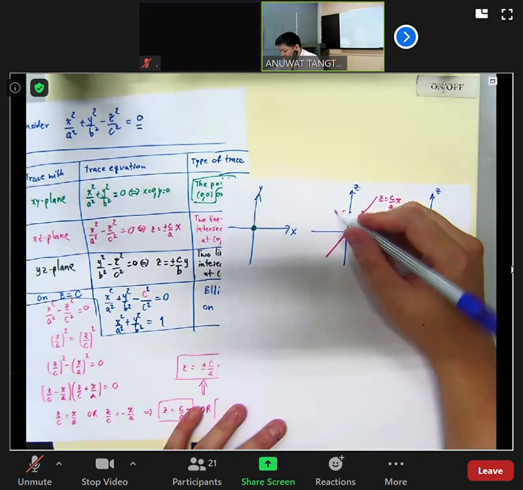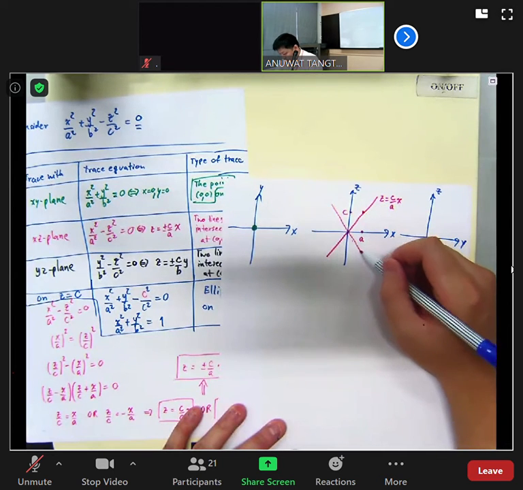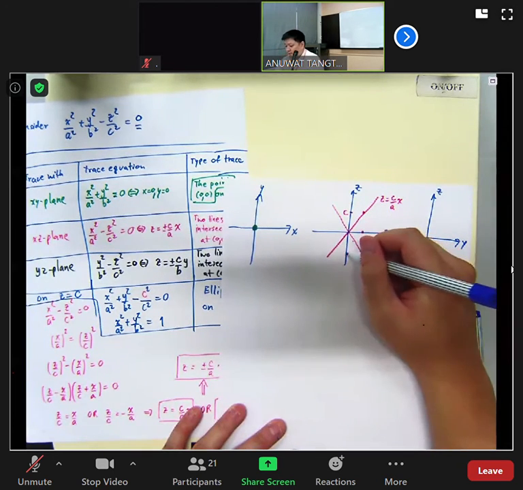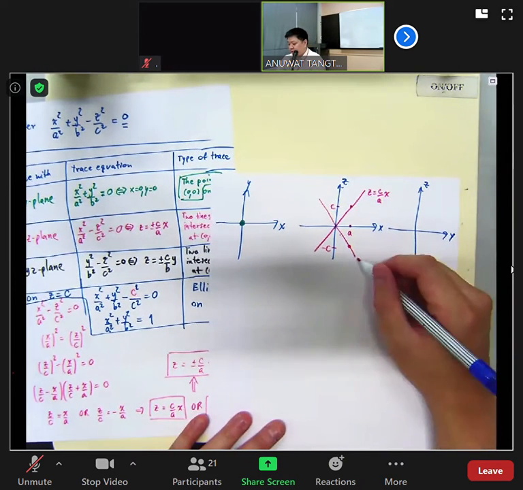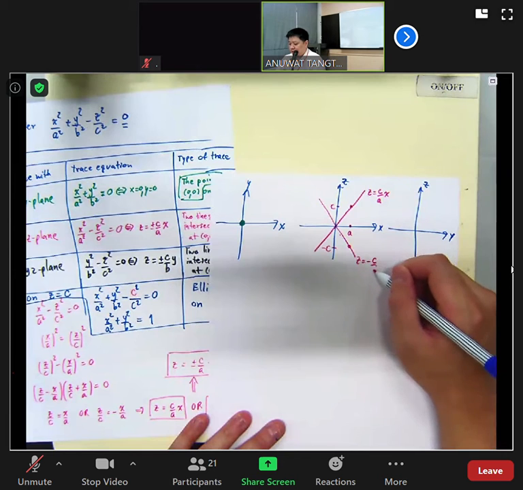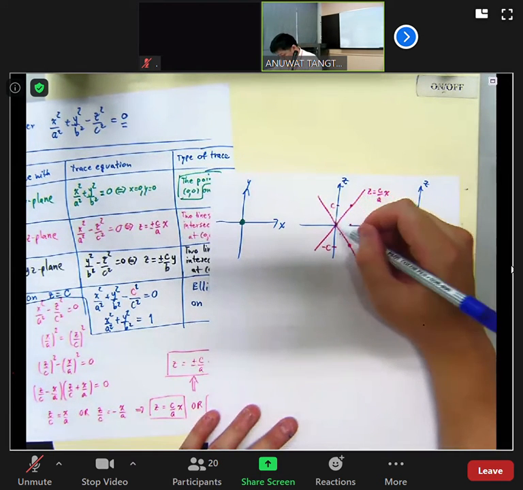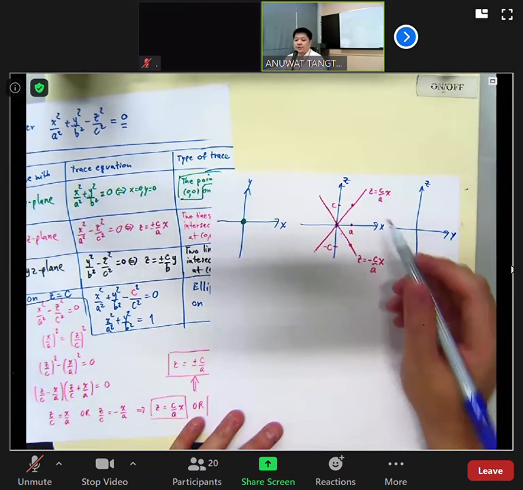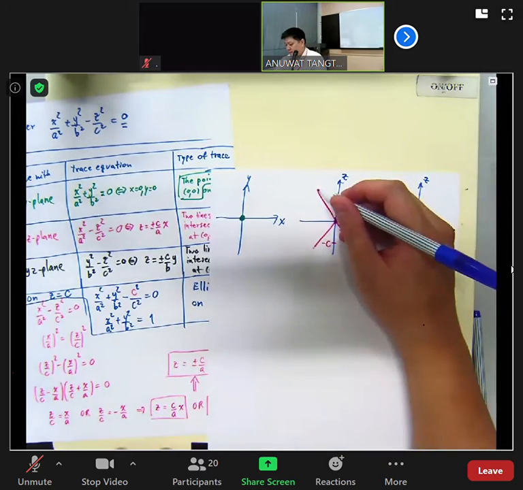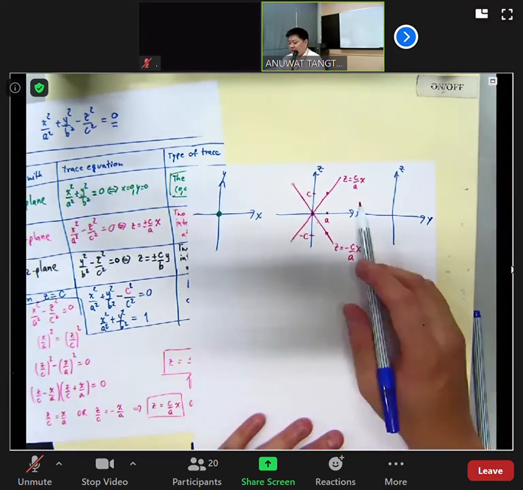And another one passes through the point a, minus c. So this is z equal to minus c over a x. These two lines intersect at the origin. So this is the trace on the yz plane, I'm sorry, on the xz plane.